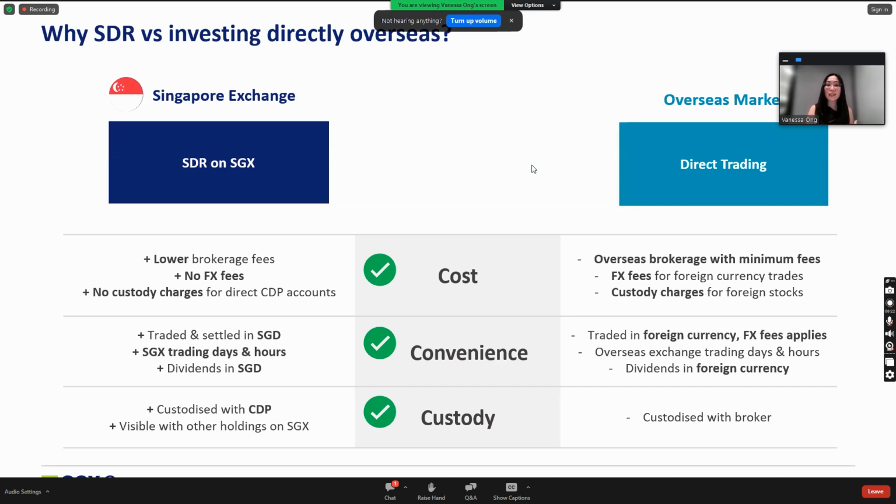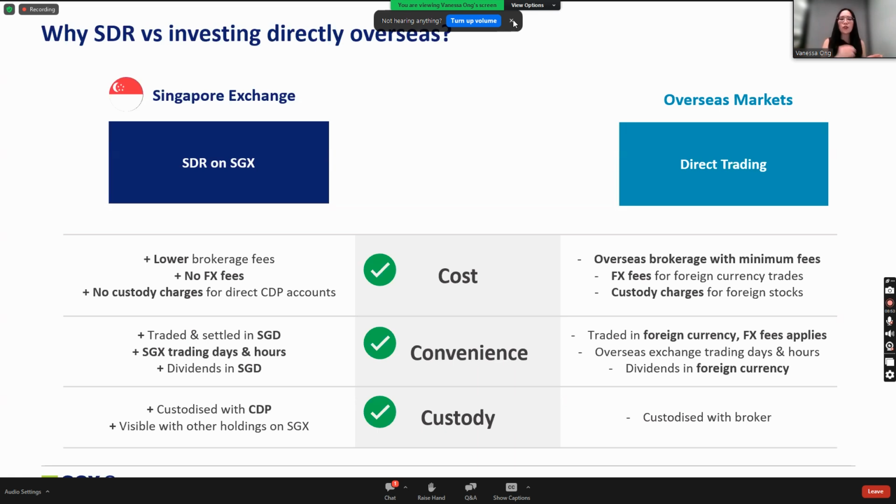Now, there are 3 key differences between the SDR and the overseas share. The first is the lower cost associated with the SDRs, due to lower brokerage fees and no FX charges, as compared to the overseas brokerage charge and FX fee that you will incur if you were to buy the share from Thailand or Hong Kong directly. Additionally, there is added convenience.